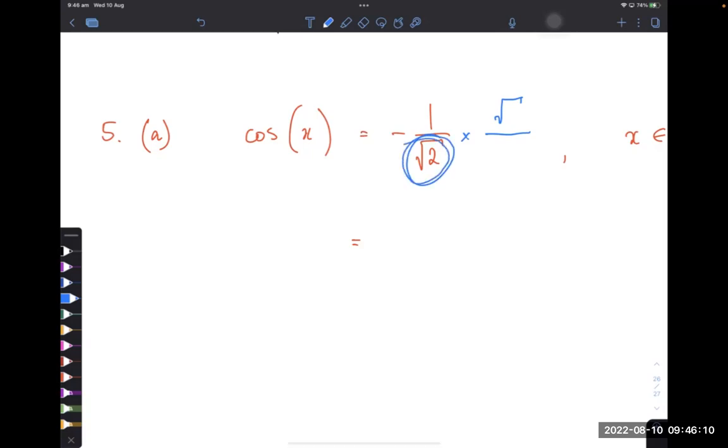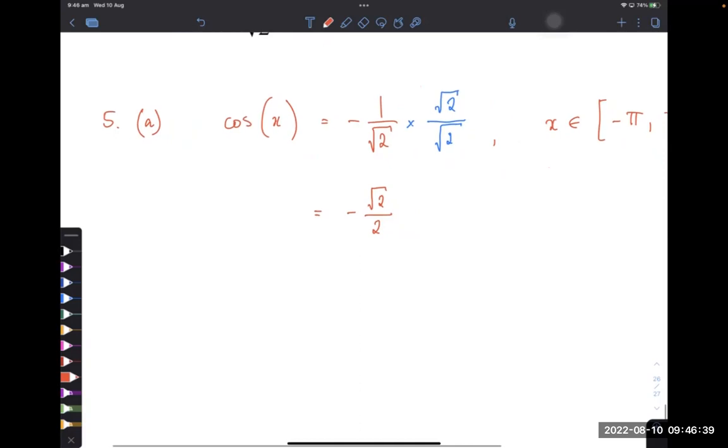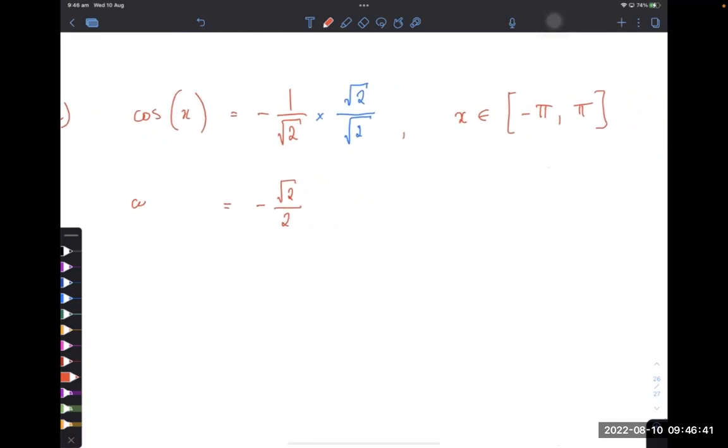If I don't like the surd at the bottom, the surd is like the root 2, I want to get rid of it. So I'm going to multiply it by root 2. What I do at the bottom, I have to do at the top. So this ends up as 1 times root 2. What happens to the square roots when they multiply? They cancel out, becomes a normal 2. We're more familiar with this on our hand. That's why I changed it.